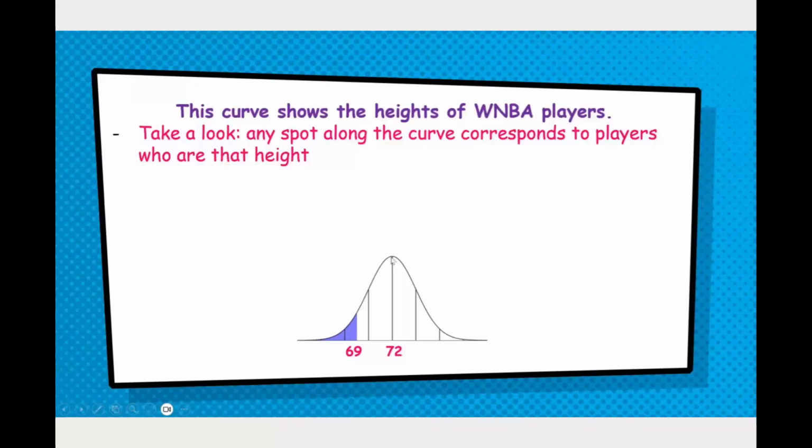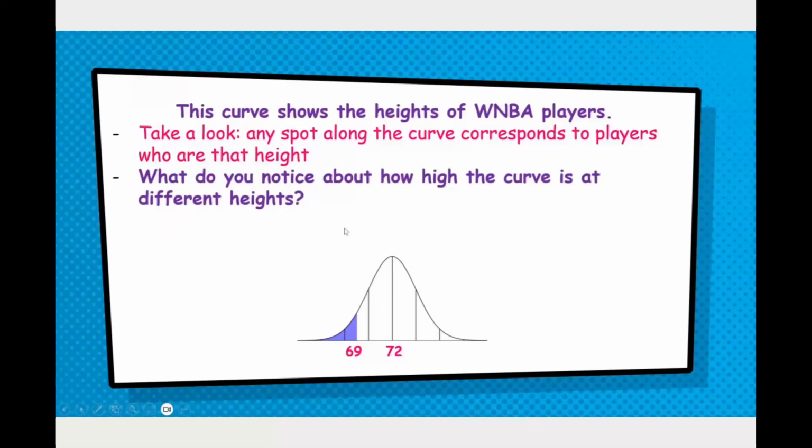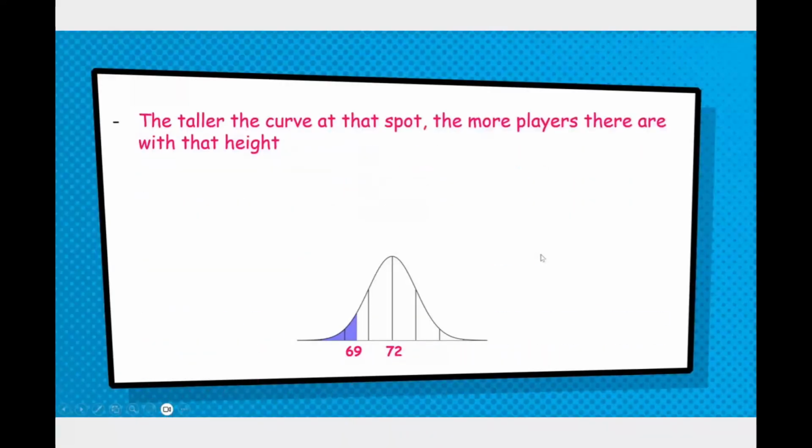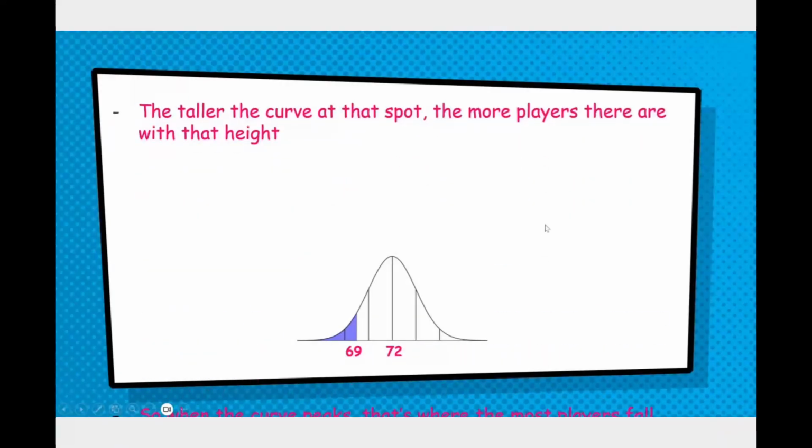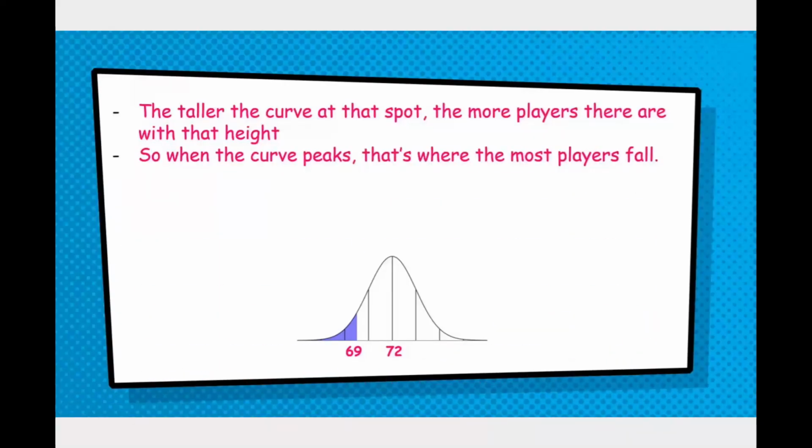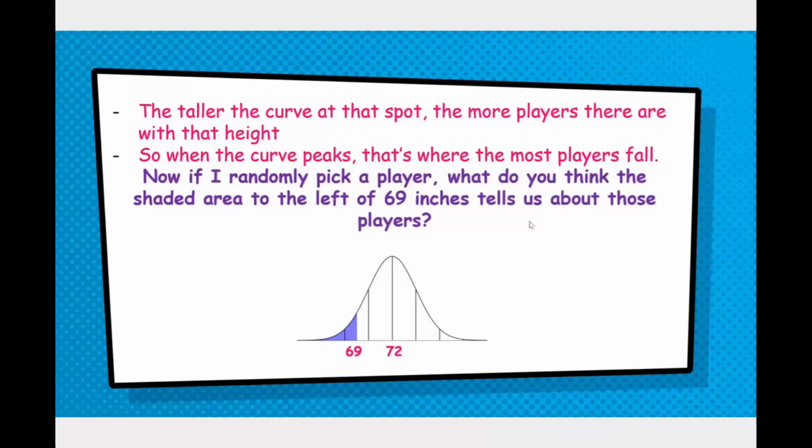Right here, that represents 72 inches, and so on and so forth. What do you notice about how high the curve is at different heights? The taller the curve at that spot, the more players there are with that height, is what we should observe. So when the curve peaks, that's where most players fall.